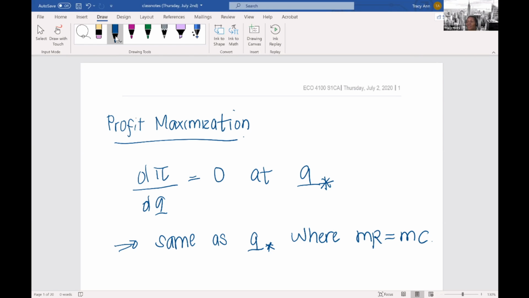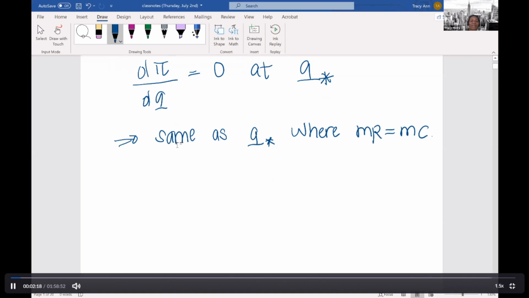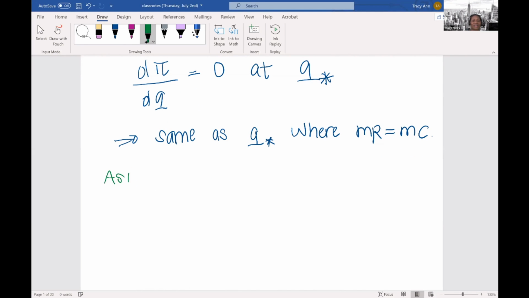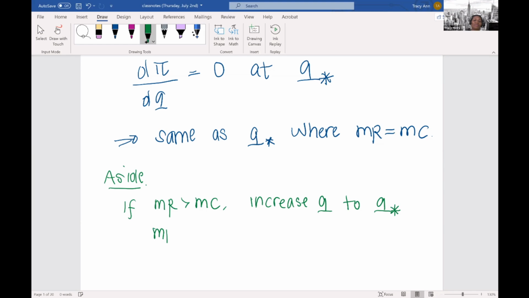Here is a little bit of an aside I want to make sure you are aware of. If your marginal revenue is greater than marginal cost, the firm will increase its quantity to Q star. If marginal revenue is less than marginal cost, then you want to decrease Q to Q star.